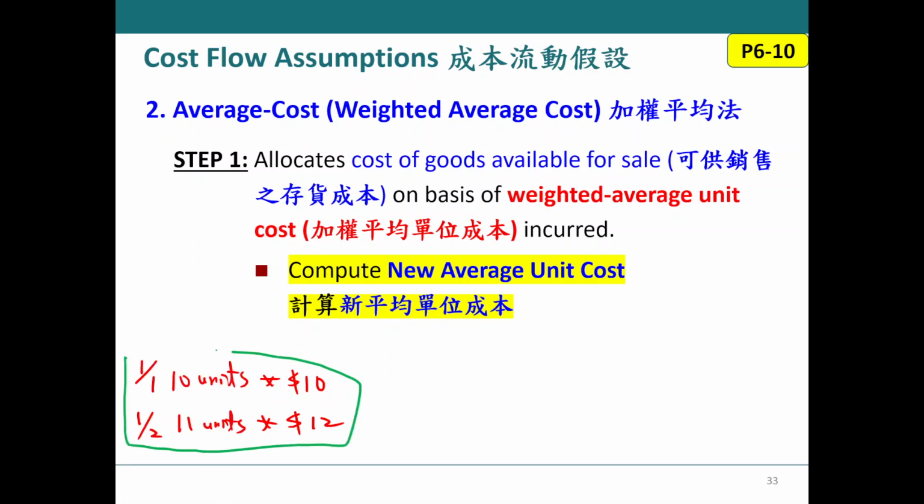So based on this, mix together's 拉来, okay? So 把它拉来变成一个. So how to mix together? Totally become how many? 10, 11, so will become 21 units, right? So for this 21 units totally mixed together 拉来. So you need to get what? New unit cost. So how to make it become new unit cost?